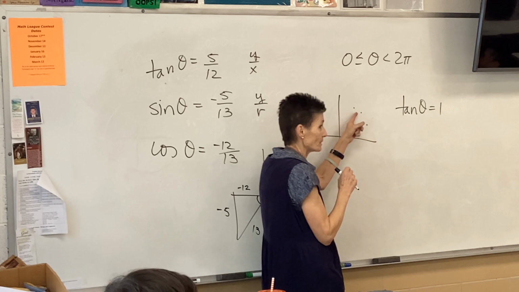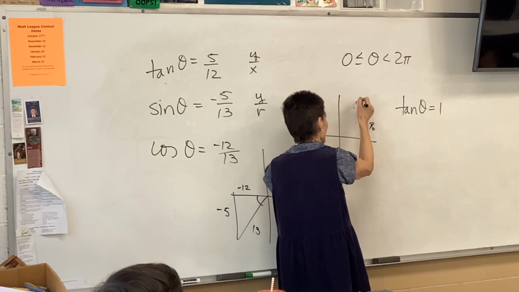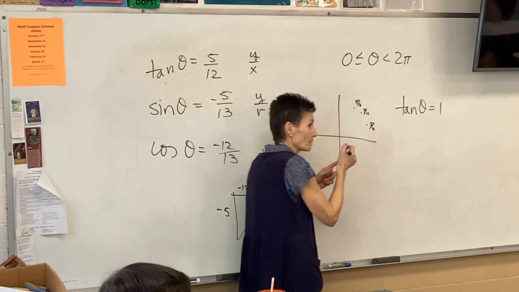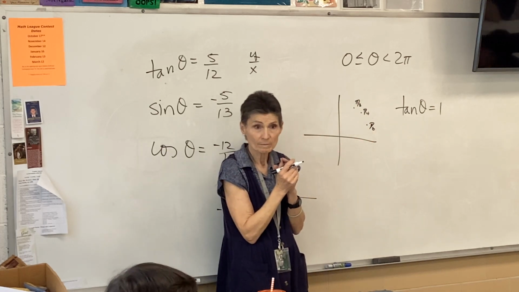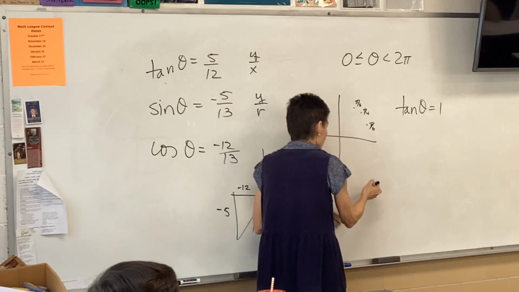And which angle does that happen at? Does that happen at pi over 6, pi over 4, or pi over 3? At pi over 4, right? Or, that's one way of thinking about it.